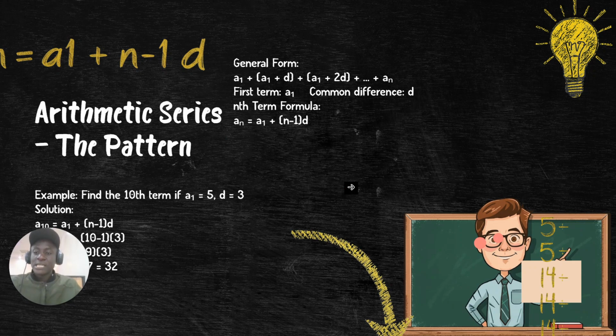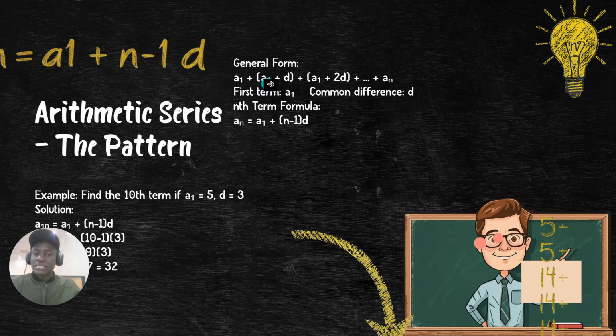For the arithmetic series, we are going to look at the pattern. I want to give you a general form of how we work with this. Can you look at this? This is A1, the first term in our series.